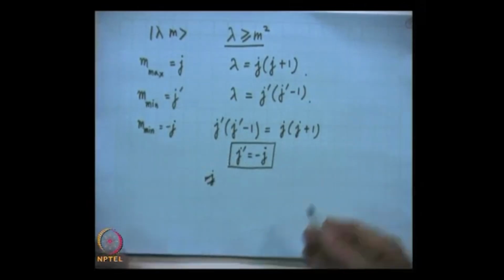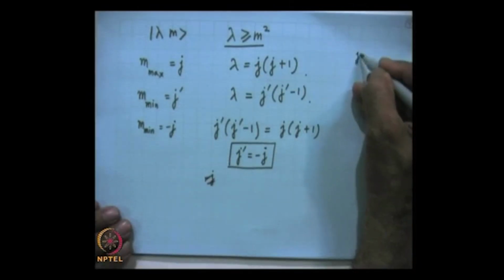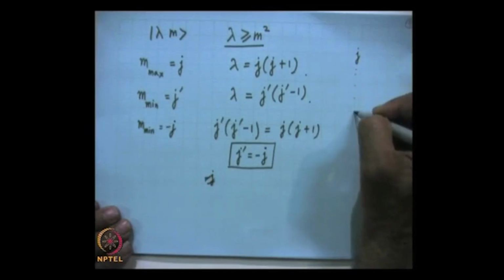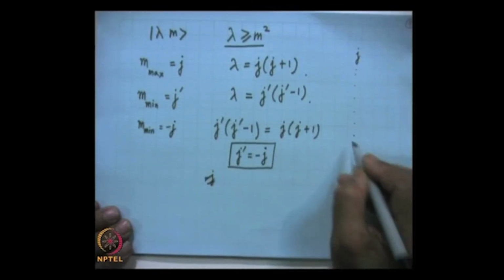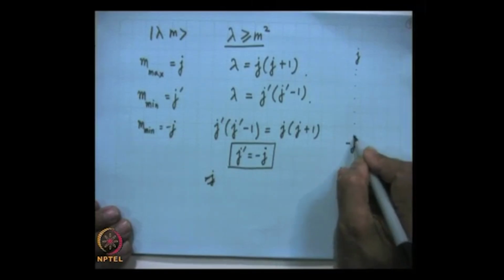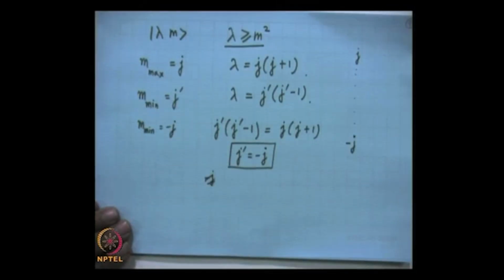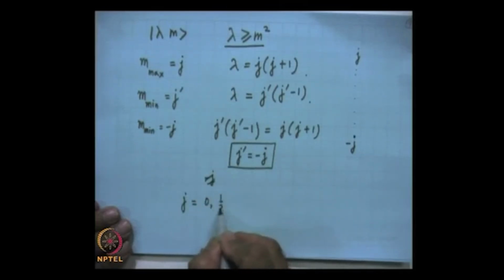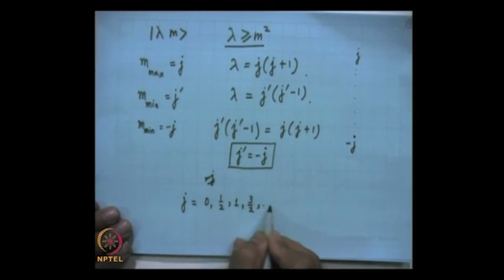And now see that I start with a value j and I go down in steps of 1, j minus 1, j minus 2, j minus 3, j minus 4, j minus 5, j minus 6, and then I must hit minus j. That is only possible if j itself is equal to 0, half, 1, 3 by 2, etc., not for any other number.